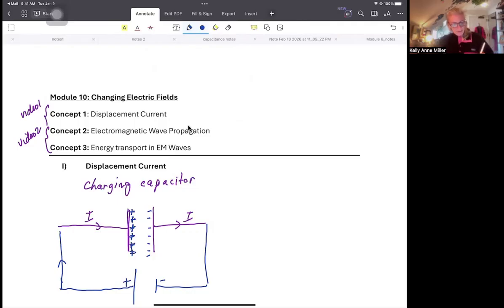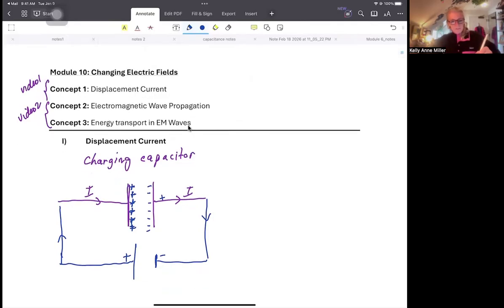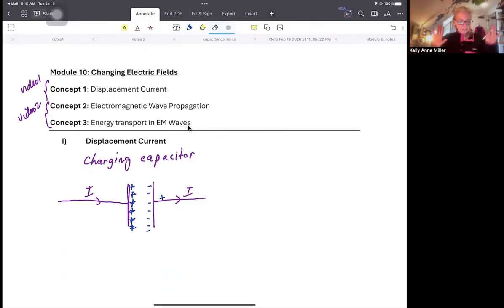And then positive charges are flowing from this plate here, leaving behind a deficit of positive charges, i.e. negative charges, and they're flowing back to the negative terminal of the battery. Okay, so let me erase this part because that's not necessary for displacement current. Okay, so that's the situation.